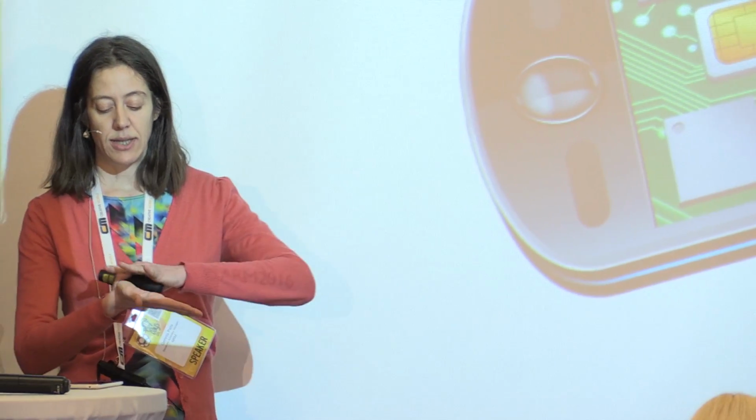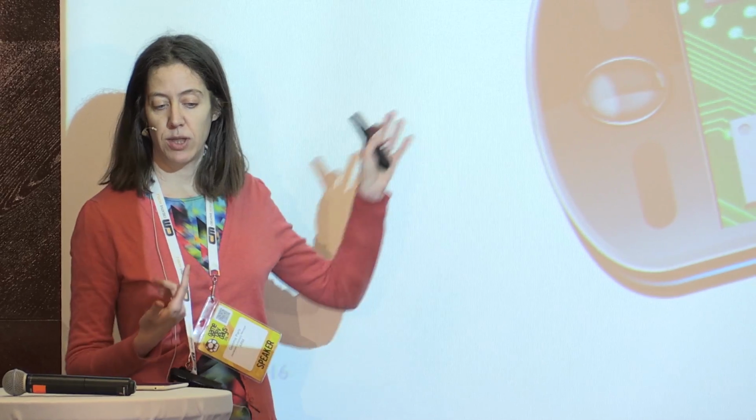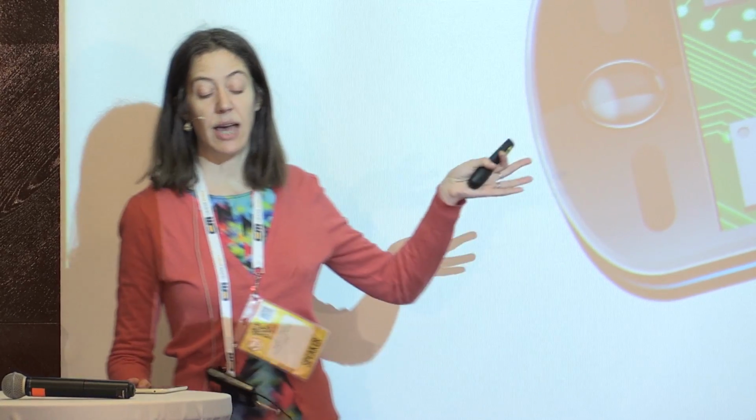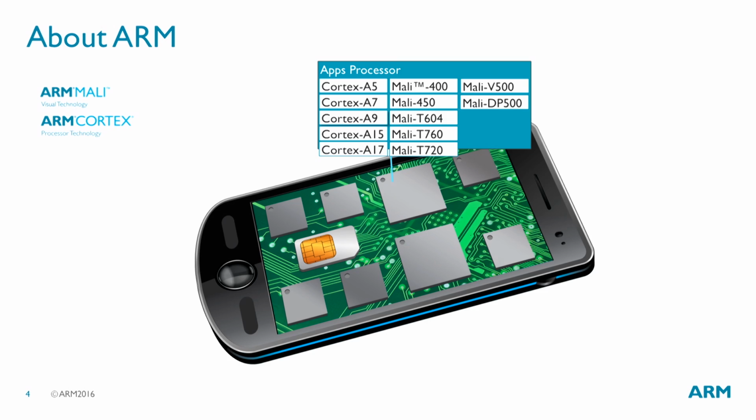And if we go onto the mobile platform here, you can see that actually looks like a PC motherboard with lots of different components. And the main component that you can see is the apps processor, so the CPU and the GPU from ARM. The CPU from ARM is the Cortex family, and the GPU is the ARM Mali family.